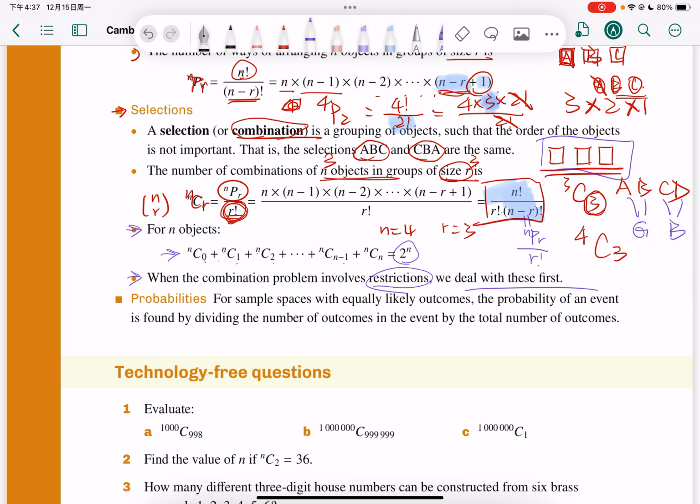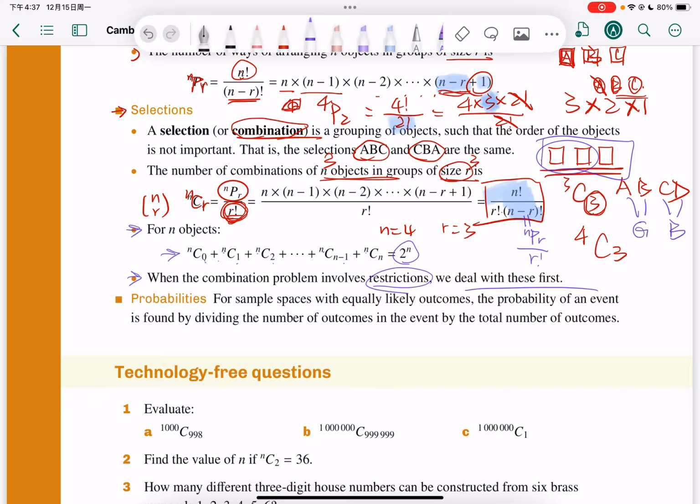If we want 2 of them to be girls, what groups of combination can we have? That is a very specific restriction, so we deal with this kind of restriction first.